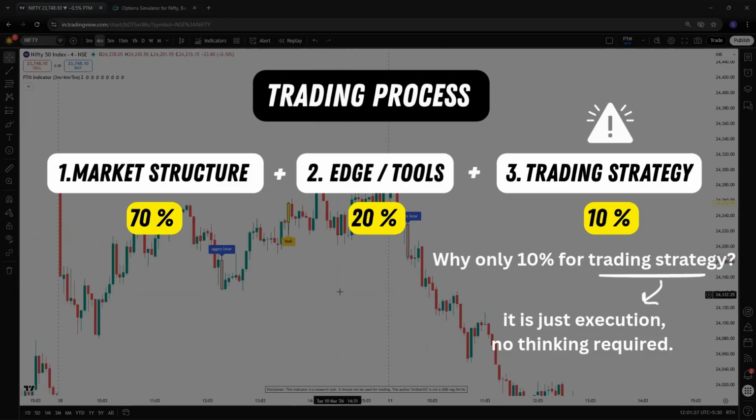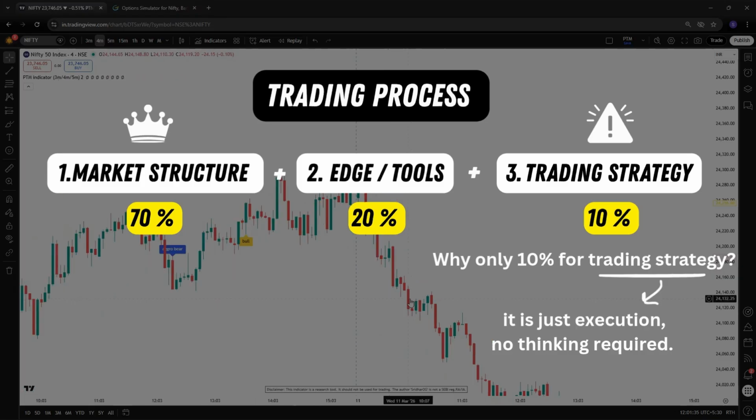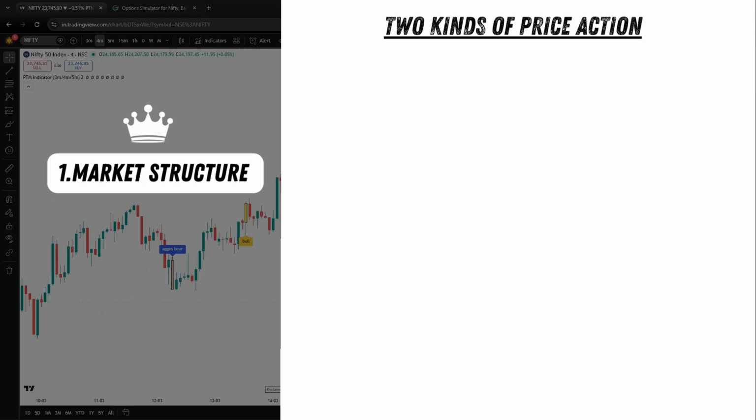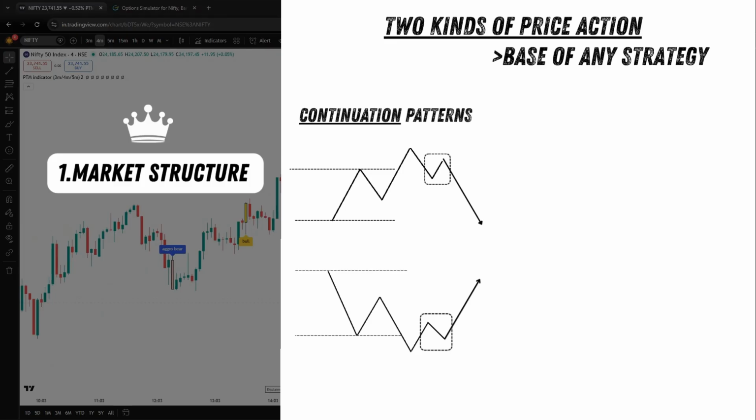The price action part, the market structure, is the most important. Why is it the most important for the trading business? Simple. There are two kinds of price actions which are very common and which form the base of any algo strategy, of any strategy in the market. First one is called continuation price patterns.